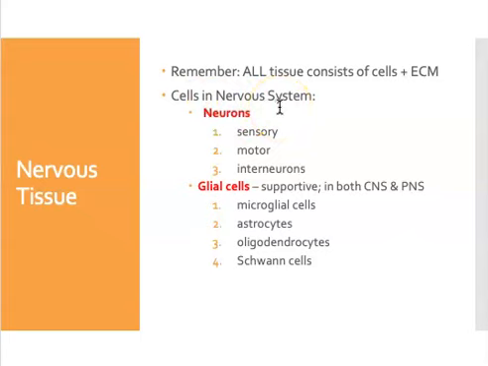So they honestly thought that these glial cells didn't do anything else except occupy space and hold everything else together. We now realize that glial cells perform a number of different functions. And we'll talk about each of the types in just a moment.